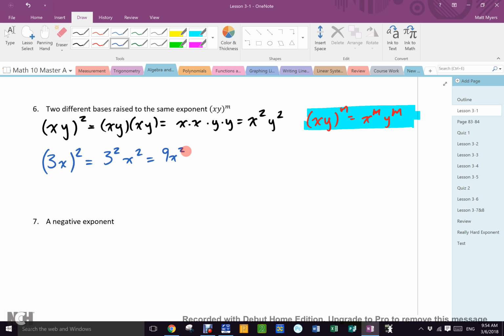Everybody good? Okay. Now, what is (3x squared) squared? It'll show up in a sec. One hopes. Okay, what's that one going to be?